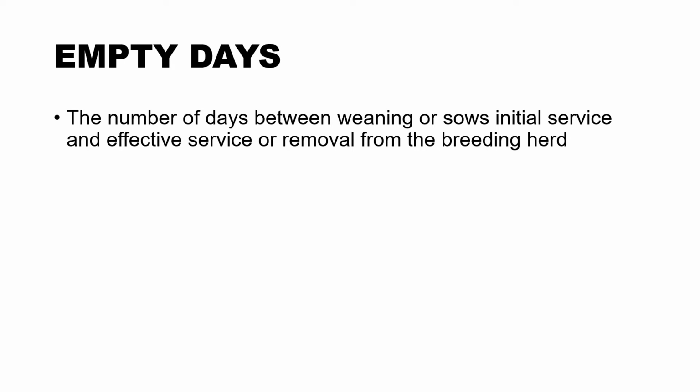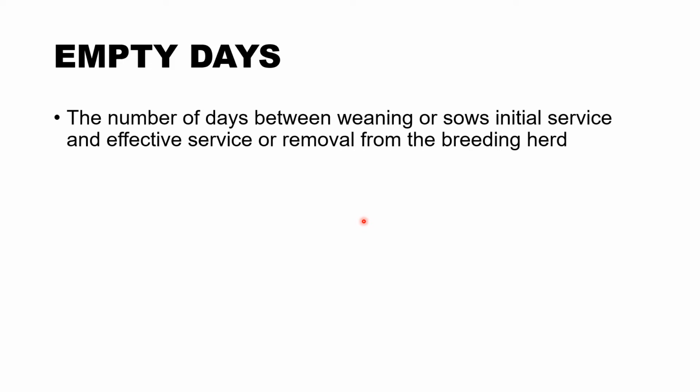Now, when we say empty days, this is the number of days between weaning or sow's initial service and effective service or the removal from the breeding herd. So, empty days are when our breeding sow is not productive. So, that's what we call empty days.